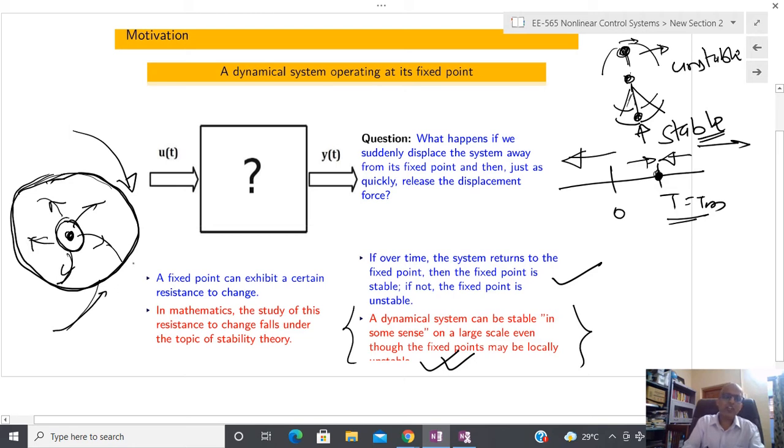So somehow this is also characterizing the behavior of stability. I can not only tell what happens if I start nearby, that is one prospect, and this is another prospect. We are going to talk about both prospects in this course.